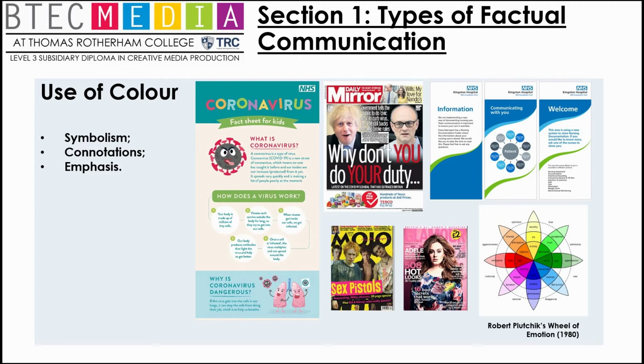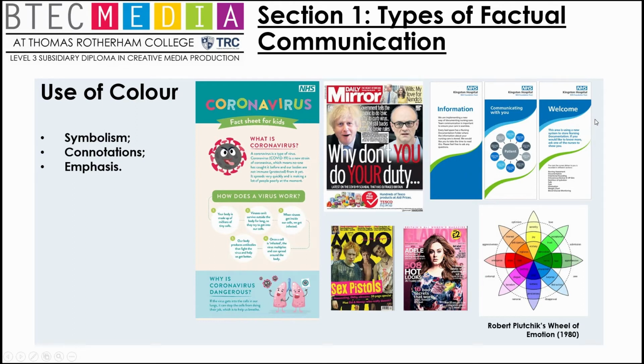So a couple of examples here would be, if you look at this particular NHS leaflet here, you'll notice that you've got a lot of blue on there. You've got a nice green on there and a white on there as well. Now, you would suggest that the reason why they use these particular blue colours on there is because they're very nice, calming, relaxing colours.